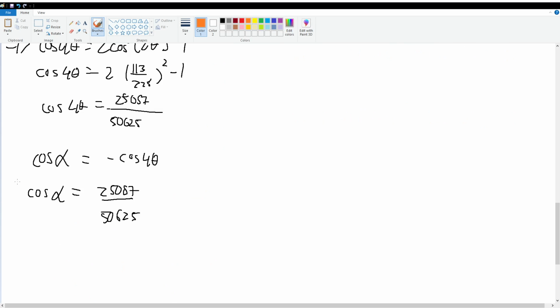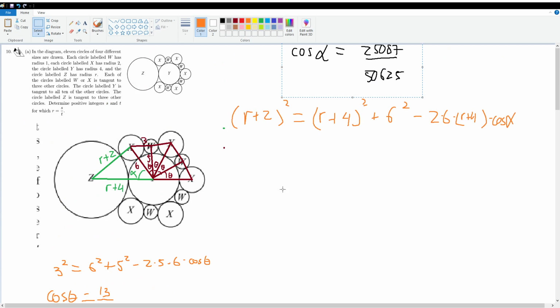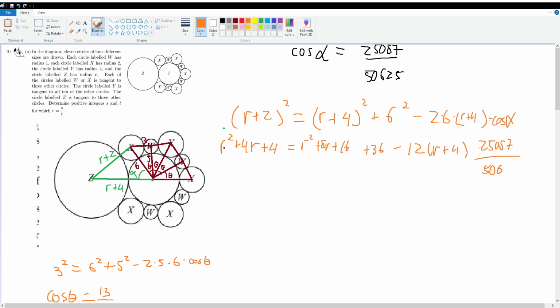And we already solved for cosine of alpha here, so I'm just going to paste it here. And then we expand this, and what we notice is that r squared plus 4r plus 4 would equal r squared plus 8r plus 16 plus 36 minus 12 times r plus 4 times 25087 over 50625.